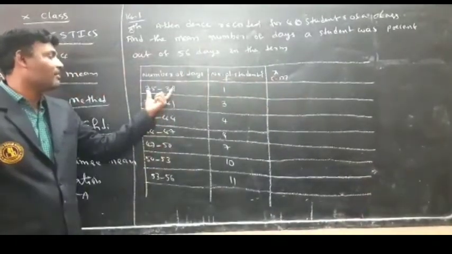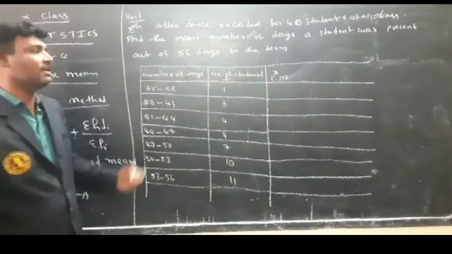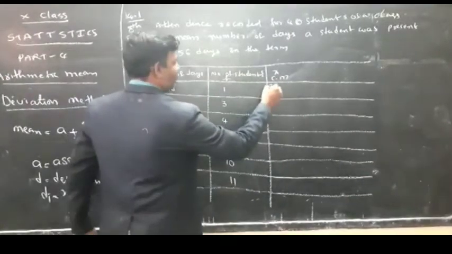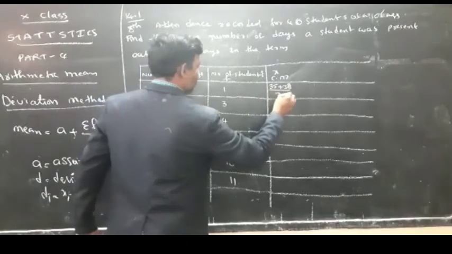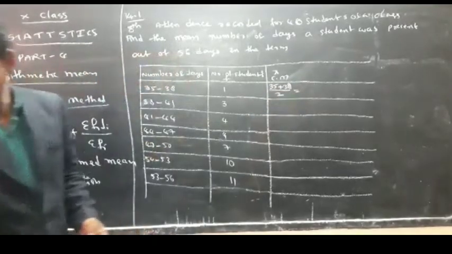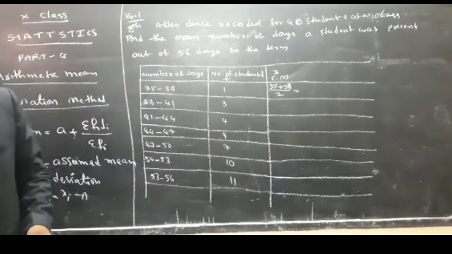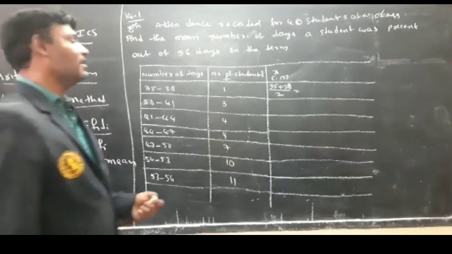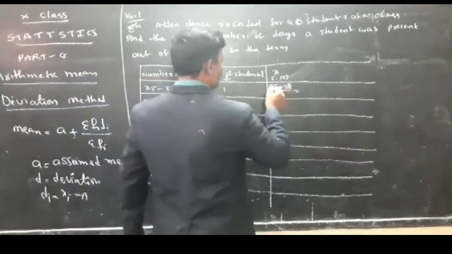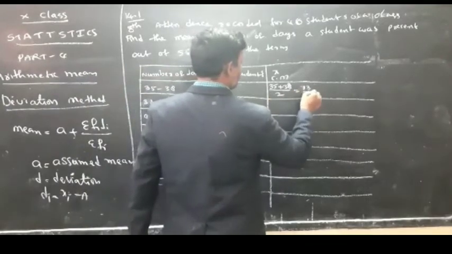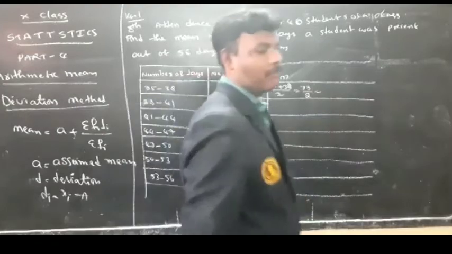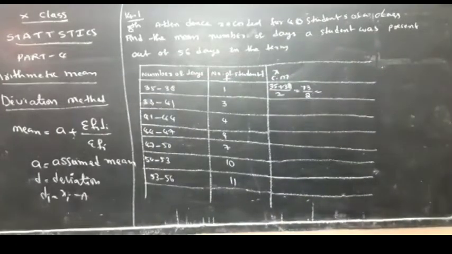Here, what is the mean of this 35 and 38? To find the mean of 35 and 38, add 35 plus 38 by 2. 35 plus 38, how much? It is nothing but 73. So 73 by 2.